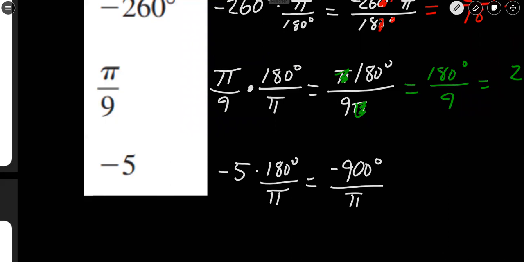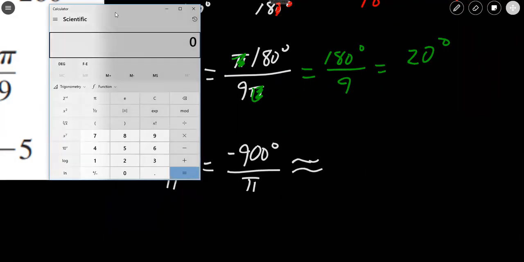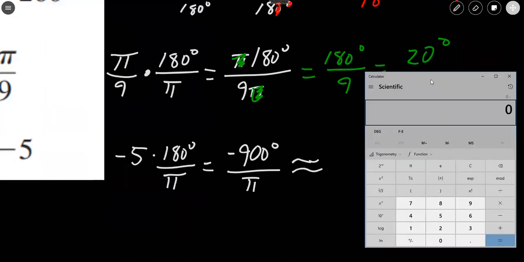This is actually an exact form, but if we wanted to get an approximation, what I could do is take negative 900 and divide it by pi on a calculator. So I'll go ahead and do that really quick. Here's my calculator, negative 900 divided by pi. It's going to give me negative 286 and then a bunch of decimals, right?